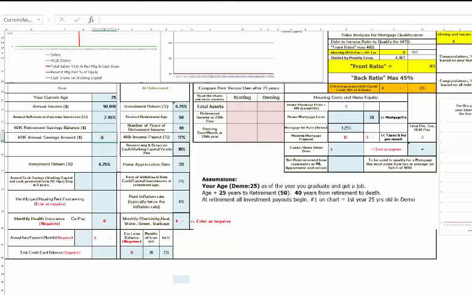Now, if your job includes employer matching of contributions to your 401k, then you absolutely need to go for your max. Typically, the employers will match 10%. So you withhold 10% from your pay, which would be $5,000 a year in this example, and then they'd match that.